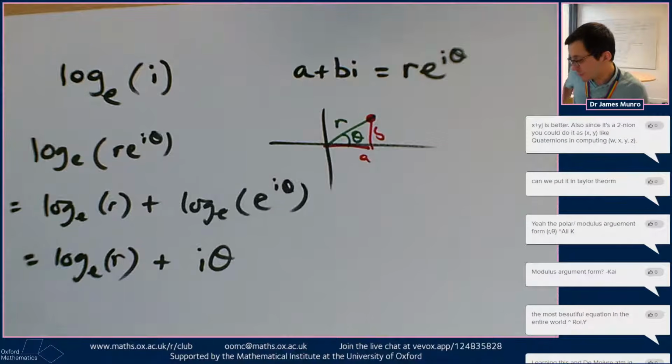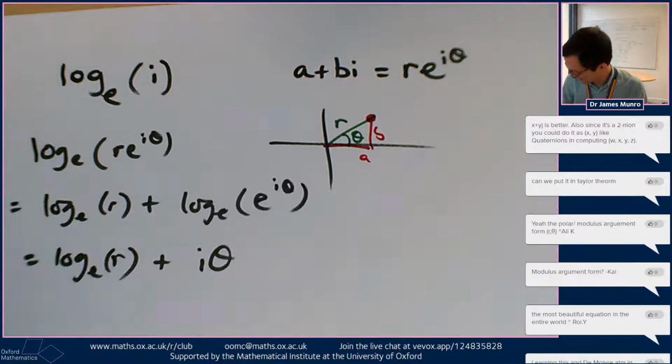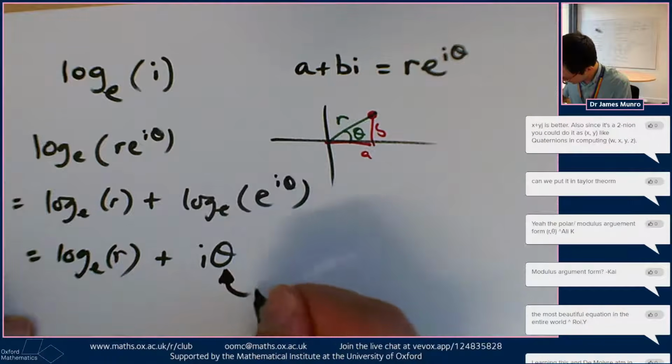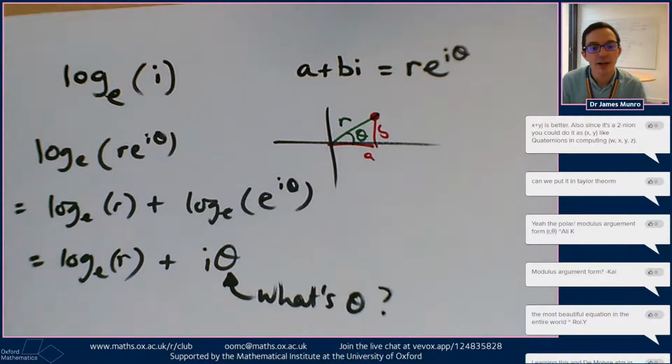If you add 360 degrees, you get back to the same point. So there's actually some ambiguity in here: what's theta has a non-unique answer.